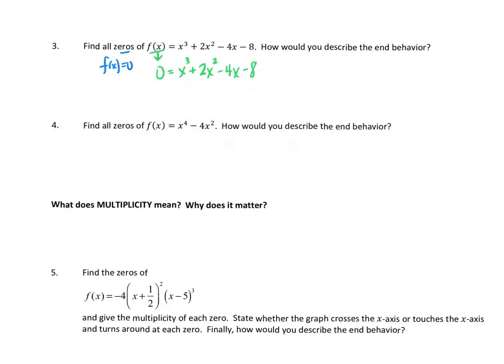It looks like we have 4 terms, so I'm going to try to factor by grouping. The first two, I have a GCF of x squared, and so it's going to be x squared times the quantity of x plus 2.